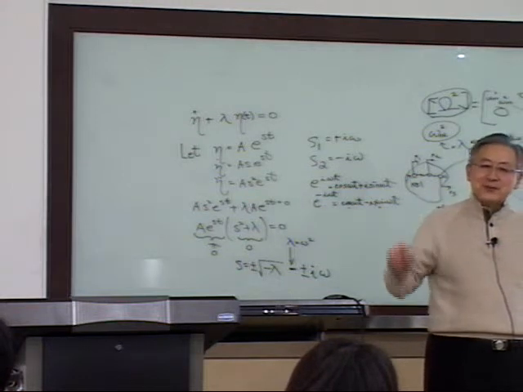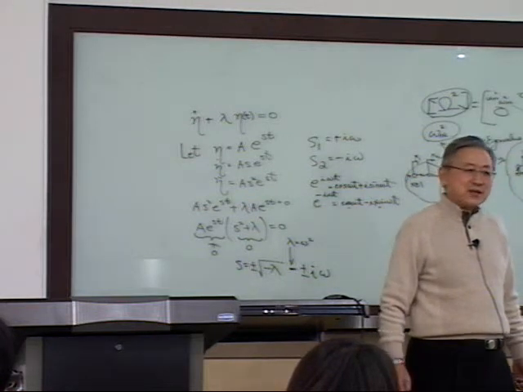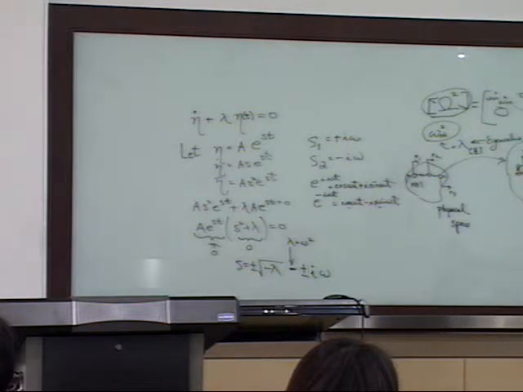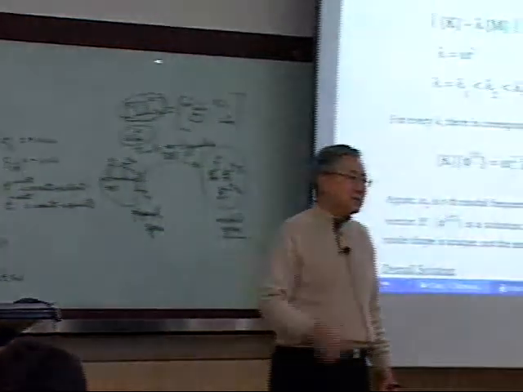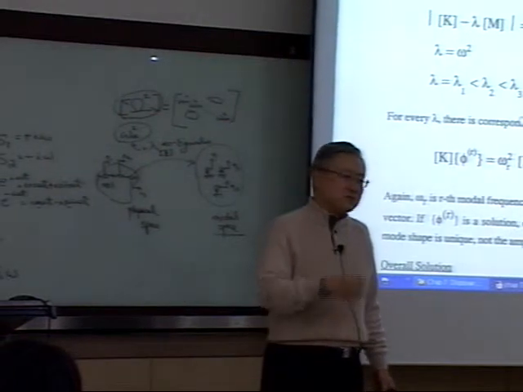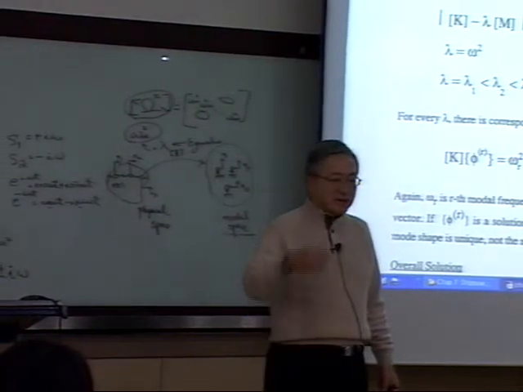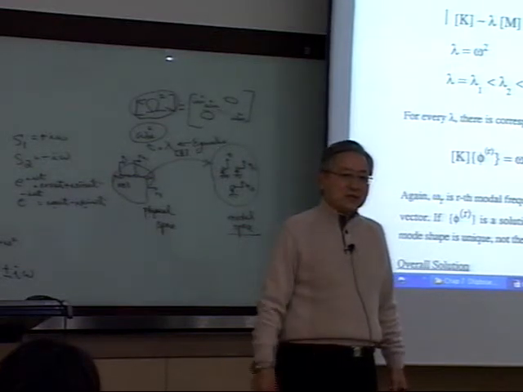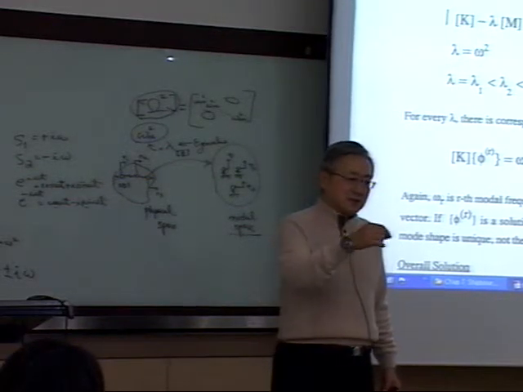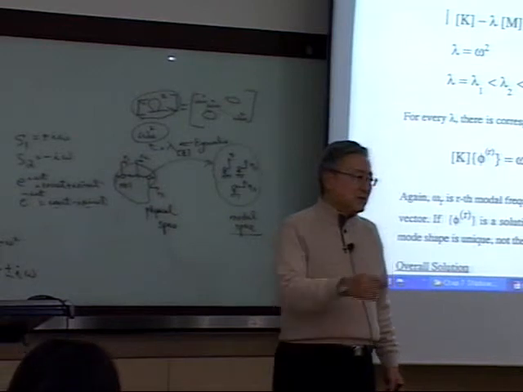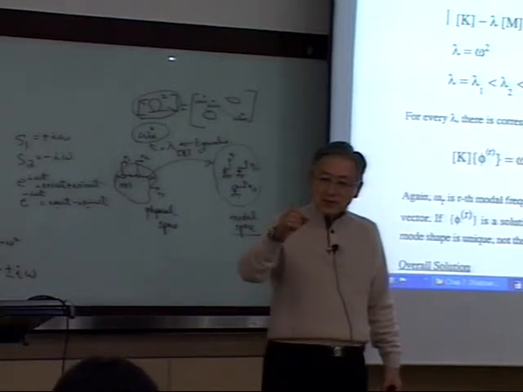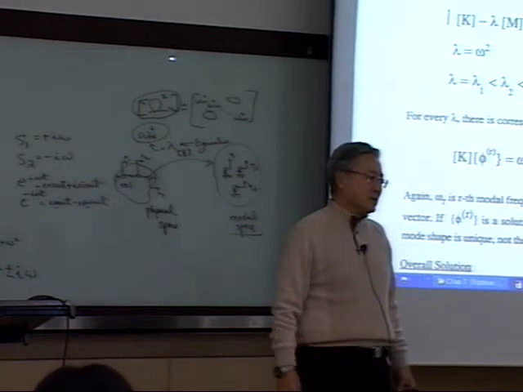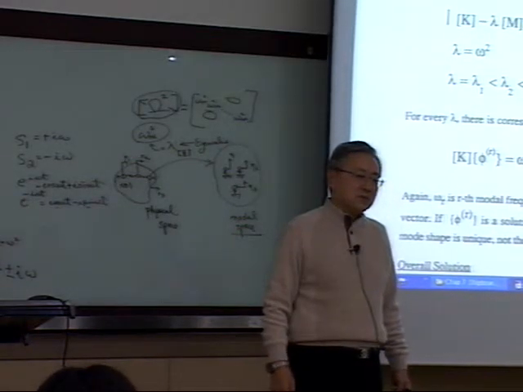Even a 3 degrees of freedom model, it's not easy to solve for natural frequency, because you are talking about solving a cubic equation. Of course you can. By hand it takes a much longer time, but usually you can write it on your phone, or maybe you have a programmable calculator. You can solve for that.